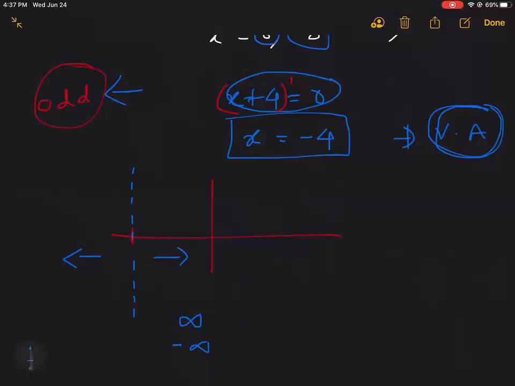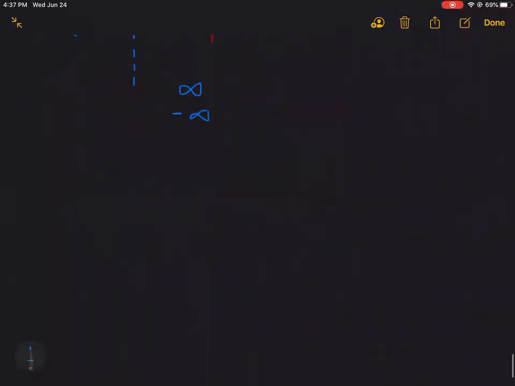Next, determine the horizontal asymptote. Okay, let's do that. So for horizontal asymptote, if you remember, the idea is to look for the values where your graph can't really cross, right?